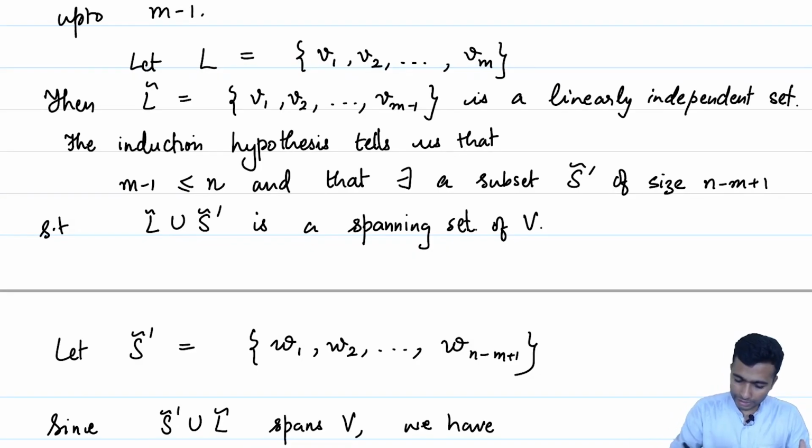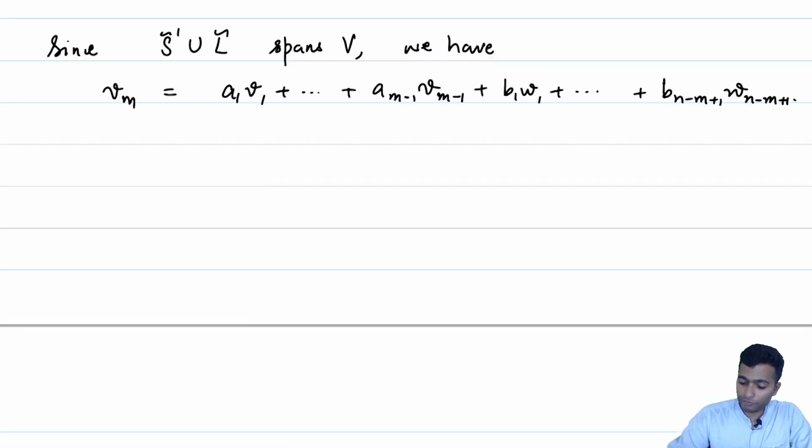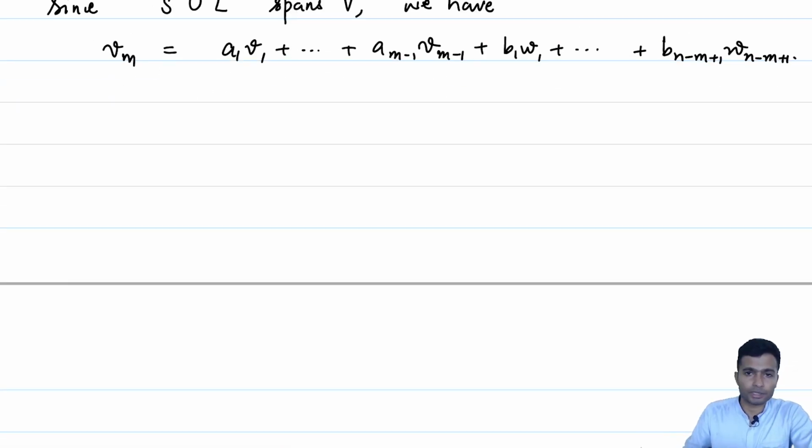Let's prove that m minus 1 cannot be equal to n. If m minus 1 is equal to n, let's arrive at a contradiction, and that would force m to be less than or equal to n, isn't it?